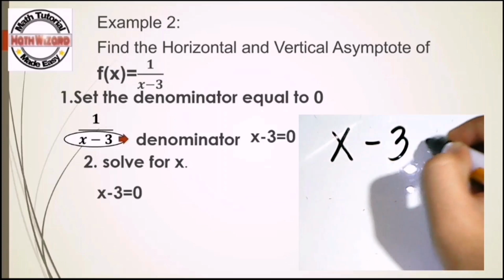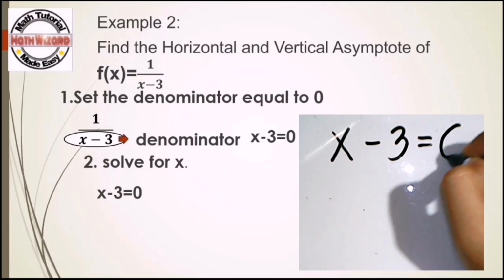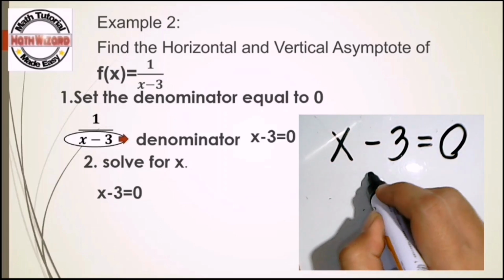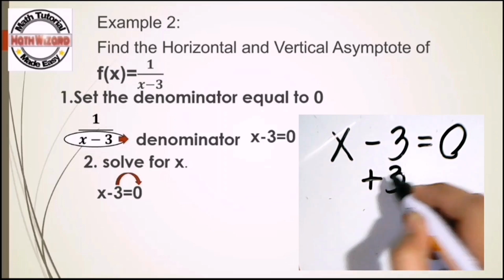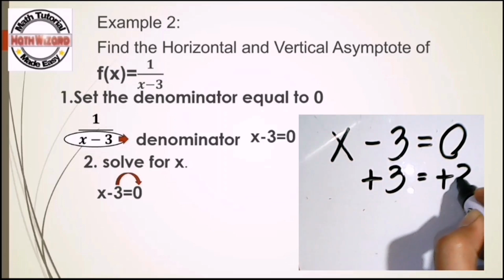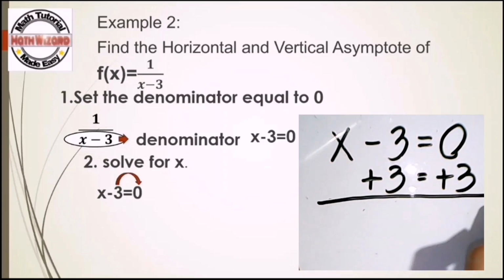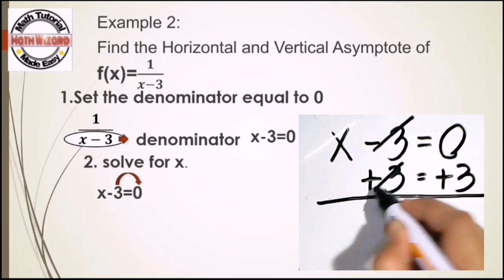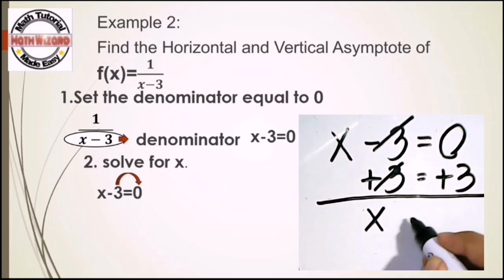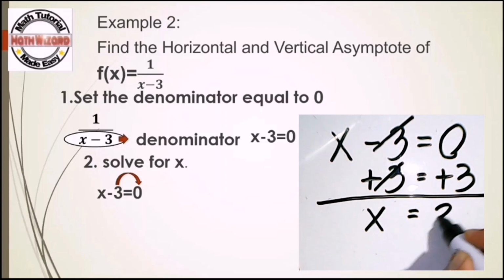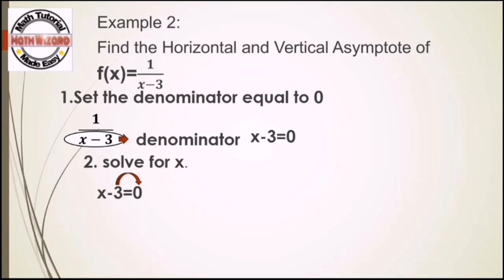So afterwards we add positive 3 to both sides to cancel out negative 3, or in short, para shortcut daw, transpose negative 3. And if you transpose it, it becomes positive 3. That's why the value of x is equal to 3.